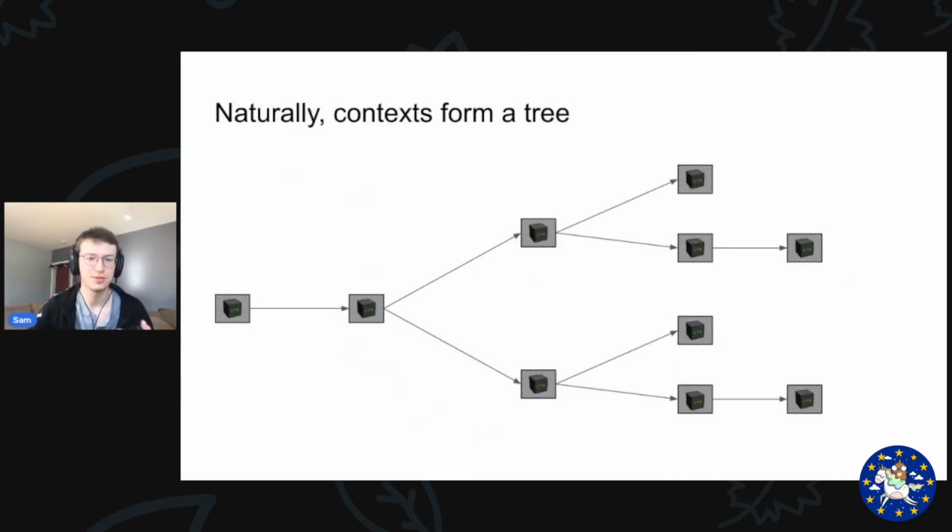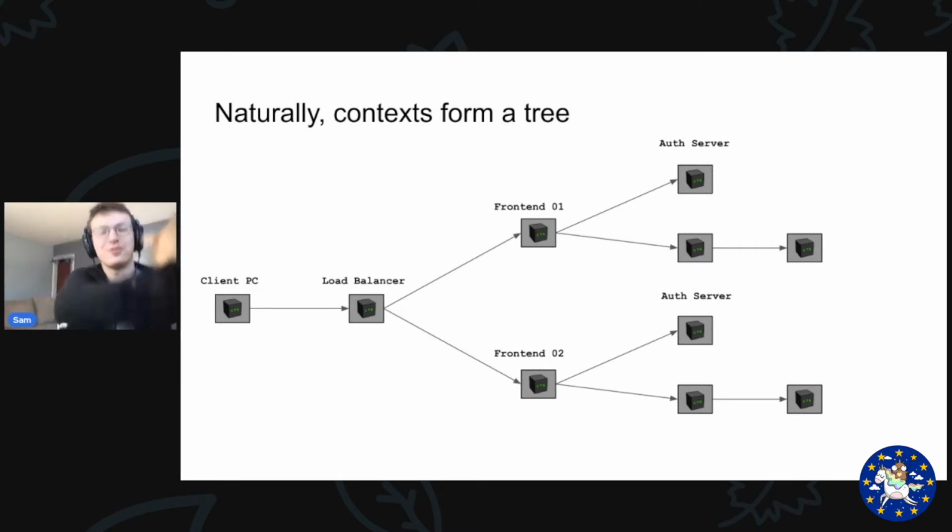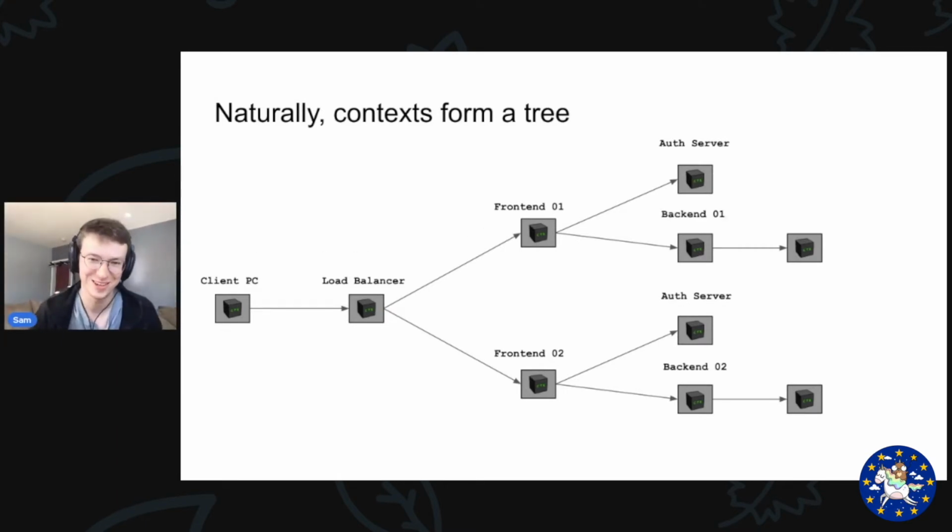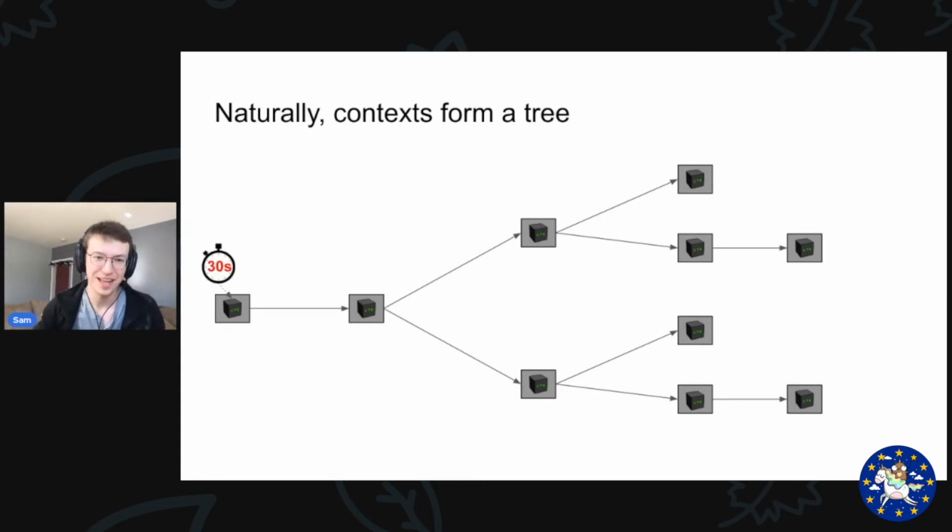So naturally, contexts form a tree, because sub requests form a tree, essentially, right? You've got client RPC or maybe Sam's RPC at the root, and then that sends requests to a load balancer and multiple front ends, multiple auth servers and backends, databases. And this tree structure has some interesting properties that are important to know about context objects.